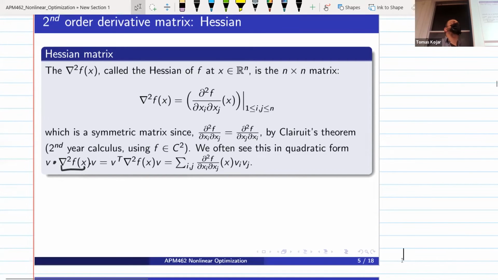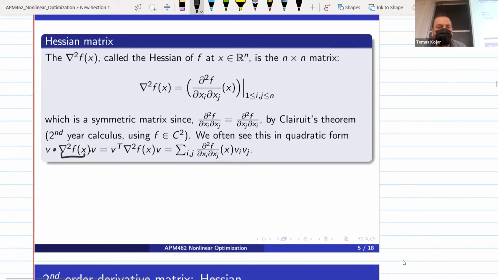And this is called a quadratic form, and that's really our main interest. Trying to optimize this, and if you remember your linear algebra, you can minimize this by finding the eigenvalues. We'll come back to it. Maybe you remember that when V is an eigenvector, VAV gives V lambda V, so you get lambda times V squared.